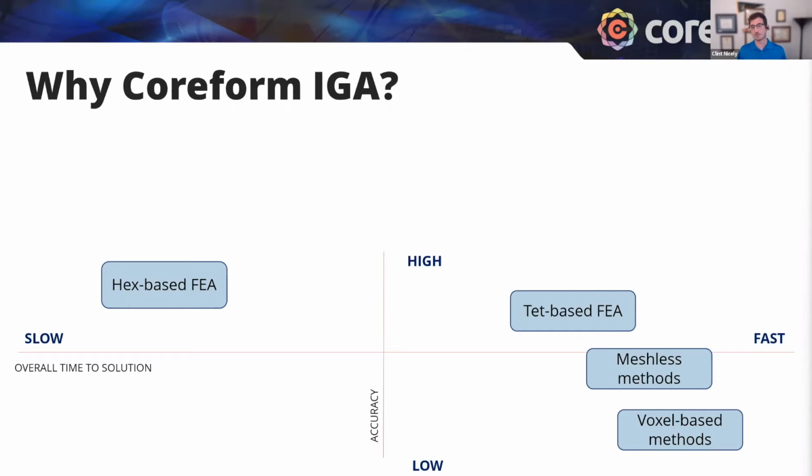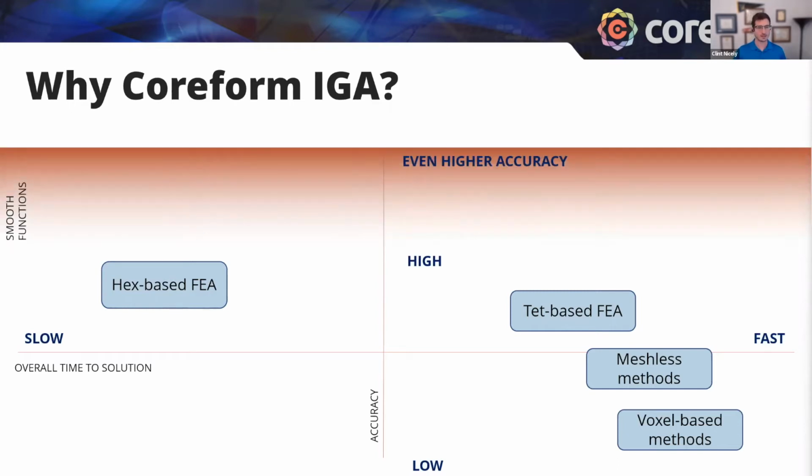You can tet bomb a very complicated object and get almost as good fidelity these days as you would out of hex-based FEA, but you're going to have a lot of elements to deal with. Meshless is a growing methodology, and it's really fast because you don't need to worry about meshing, but it still needs to get a little bit more accurate. And voxel-based is even faster than that, but that speed is always at the sacrifice of some accuracy.